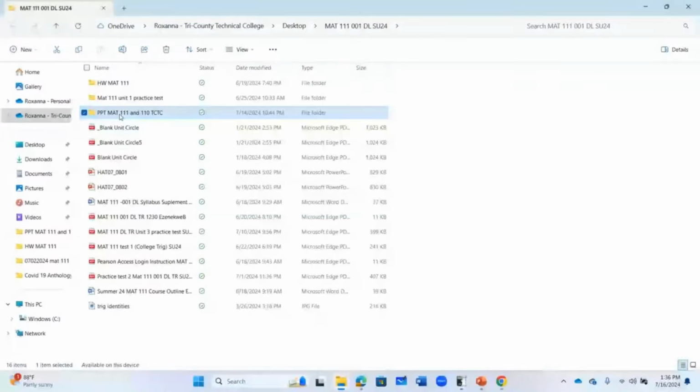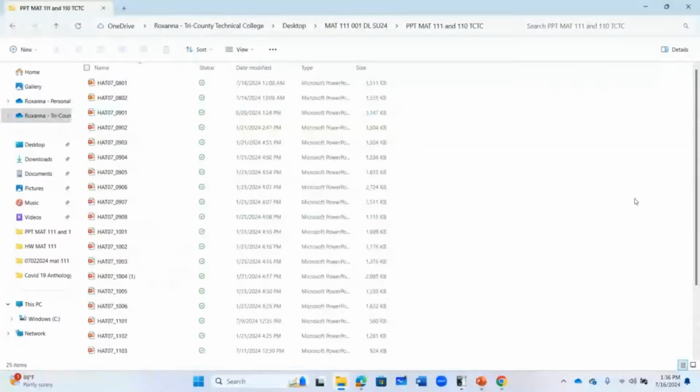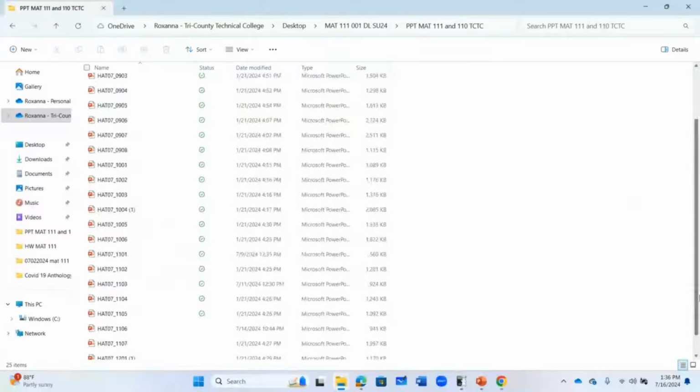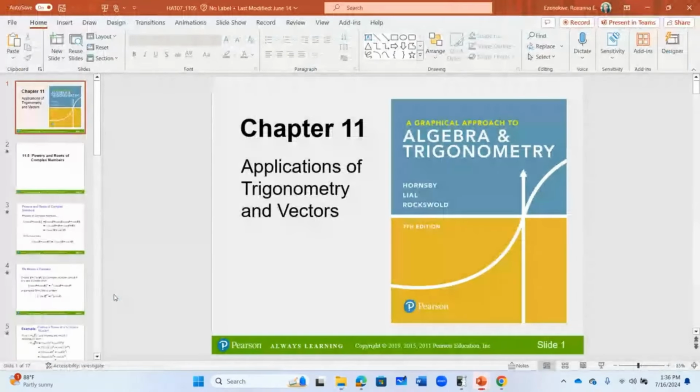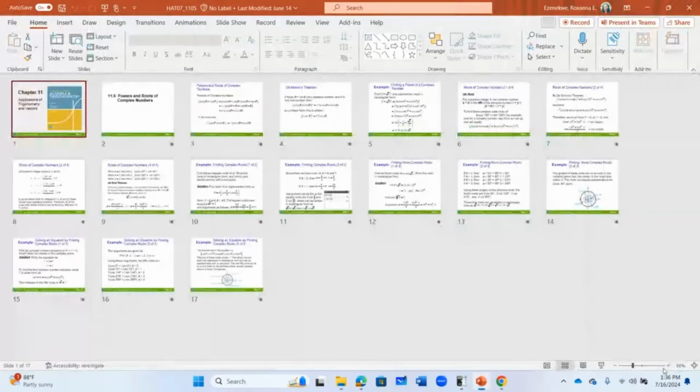So quickly to 11.5, just see an example, and then be able to do De Moivre's theorem, powers of complex numbers, roots of complex numbers. Okay, and I'm going to just get to where it is without going through one by one.